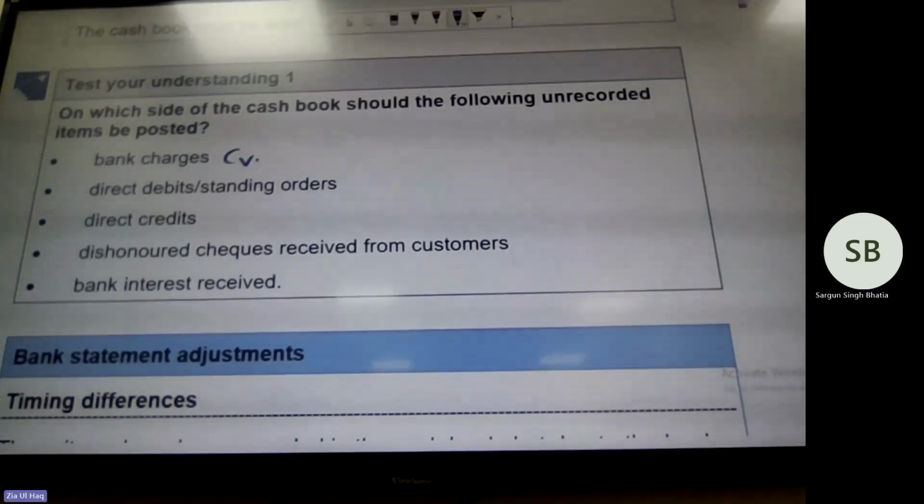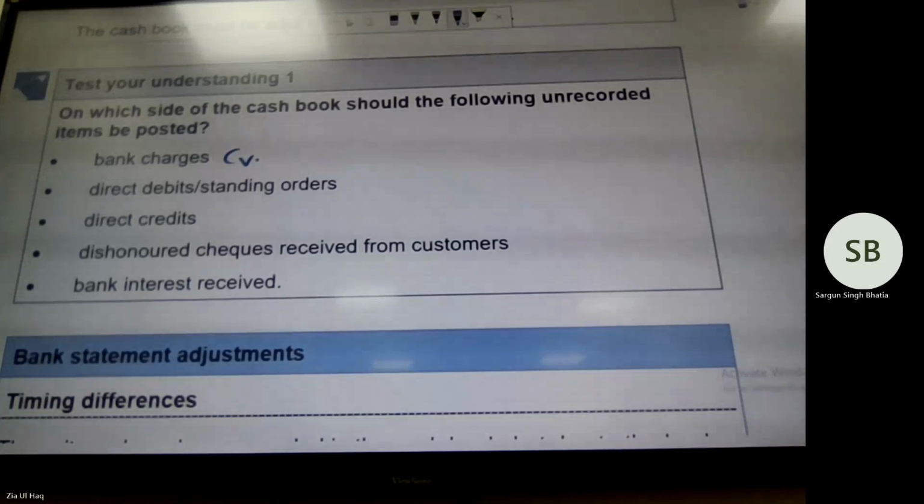Direct debit standing orders. What is meant by direct debit or standing orders? Means our bank account has been debited. Okay. What could be debited in the bank account? Payments or receipts? Debited in our bank account.